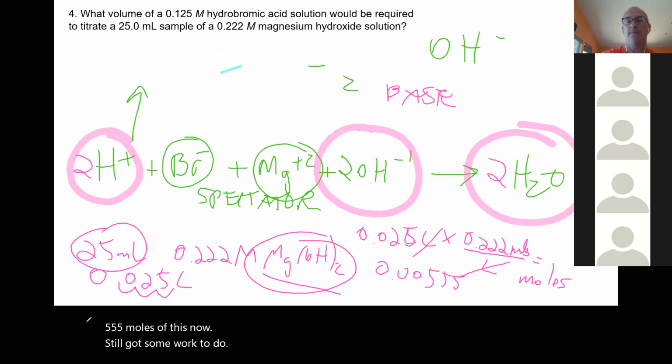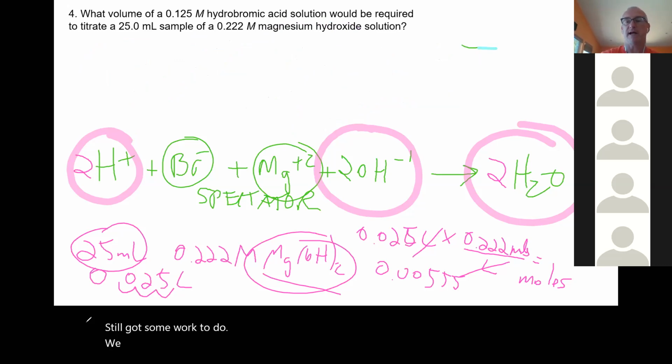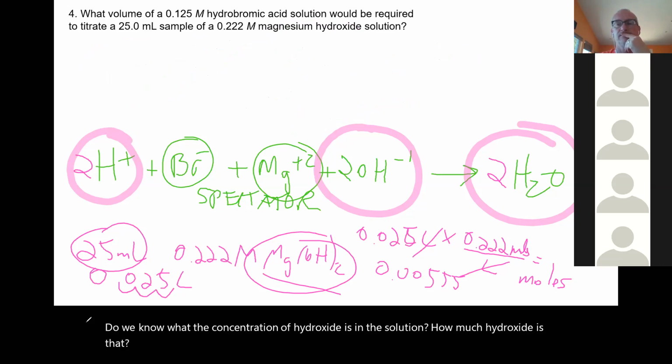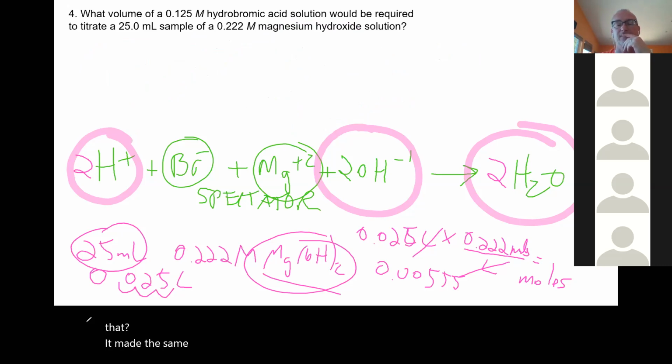So now we know how much magnesium hydroxide is in the solution. Do we know what the concentration of hydroxide is in the solution? How much hydroxide is that? 1/2. You've made the same mistake twice. Or 2. Yeah, twice as much, right?